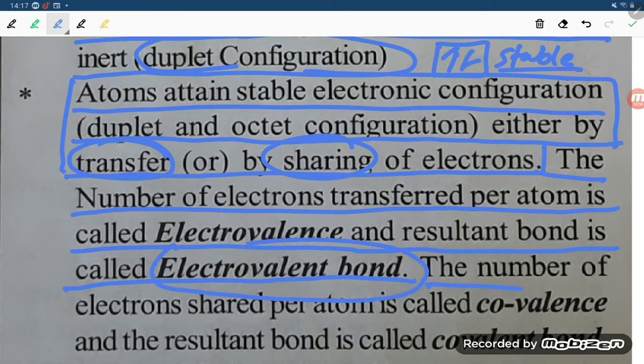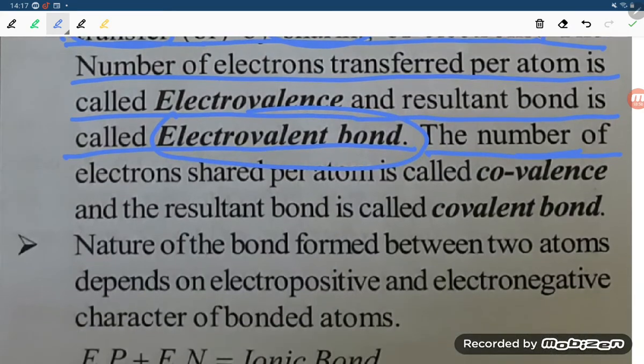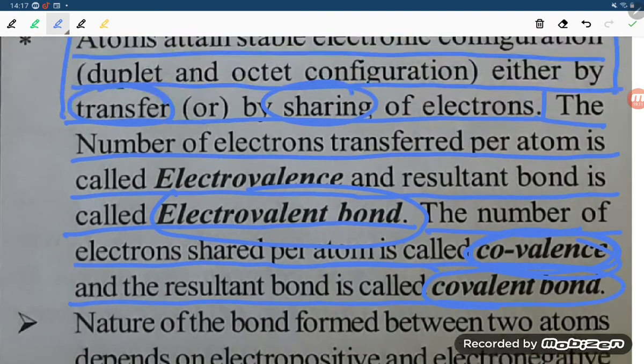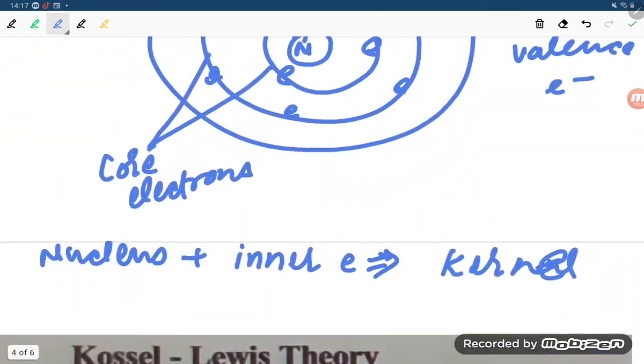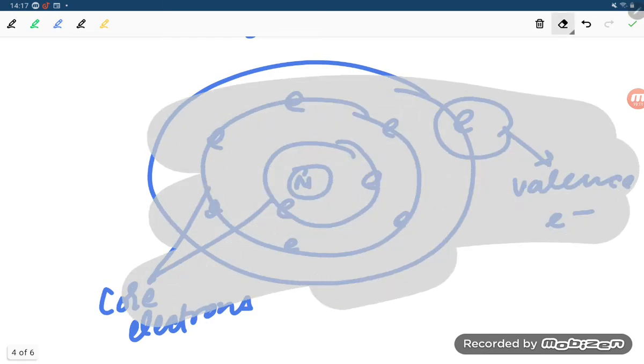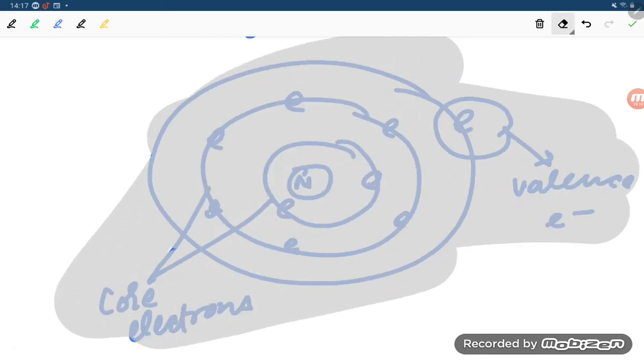The number of electrons shared per atom is called covalence, and the resultant bond is known as a covalent bond. Let us try to understand this in a better way.